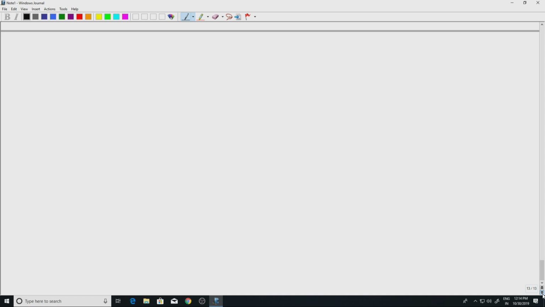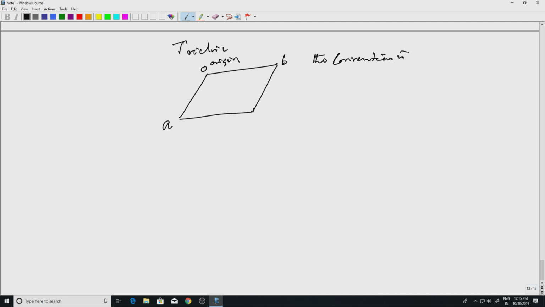Now we will consider triclinic. This is the origin. This is my A. This is my B. The convention is the standard projection, that is down C axis.